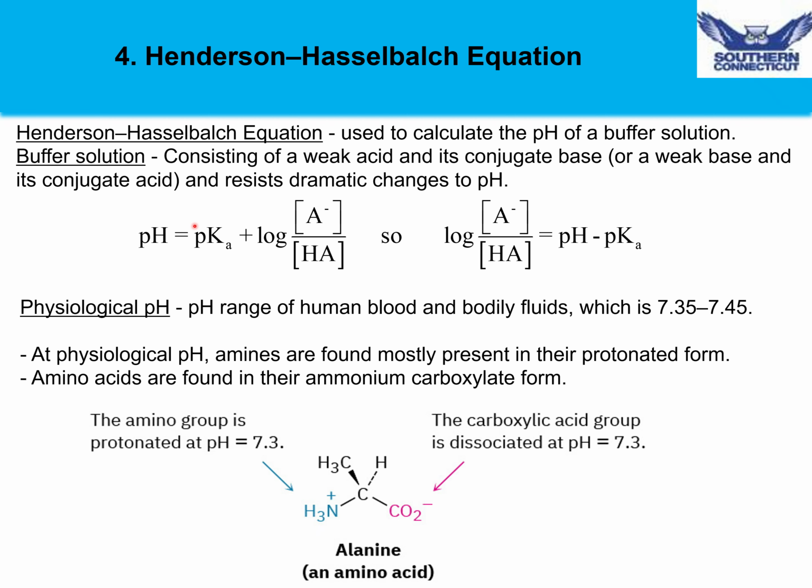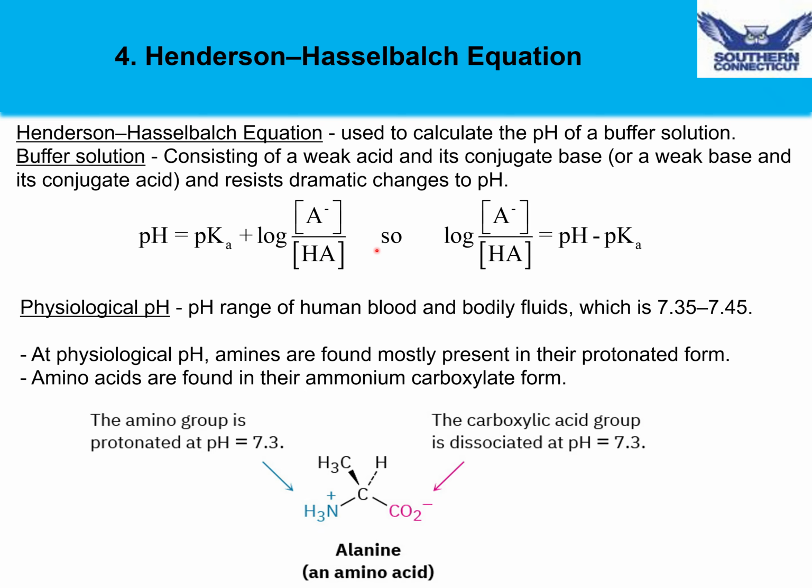The Henderson-Hasselbalch equation is as follows, where the pH of the buffer solution is equal to the pKa of the acid in the solution plus the log of the concentration of the base over the concentration of the acid of the buffer solution.